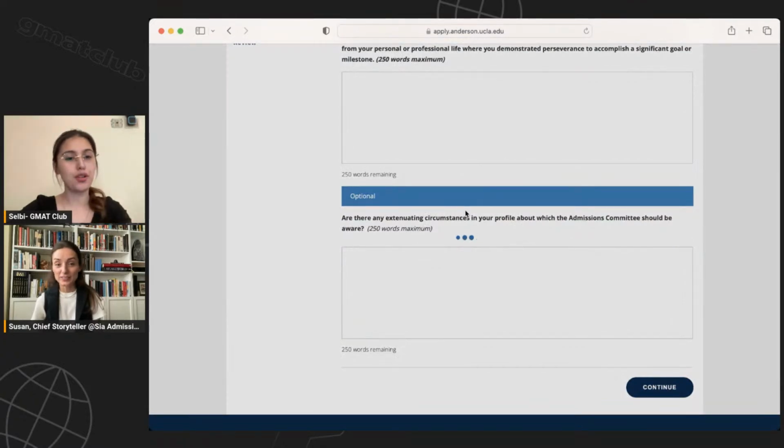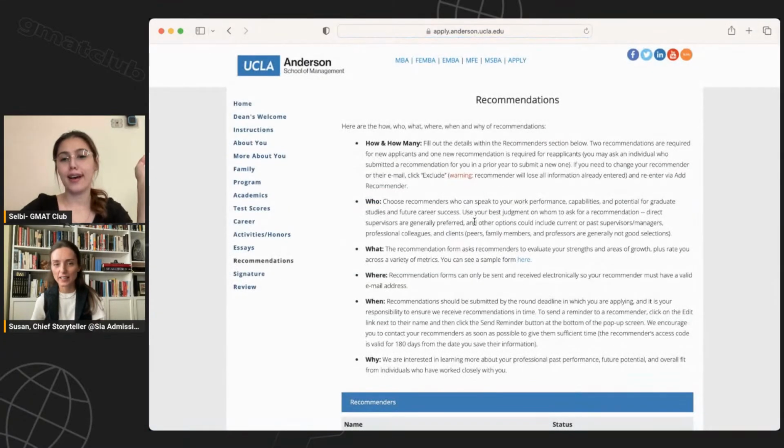Then optional means optional, right? I know in European business schools, when it's optional, they actually recommend that you write something, but not in this case, right? Even some US schools, like Stanford, have optional short answer responses. I don't consider those optional because they're asking specific questions.